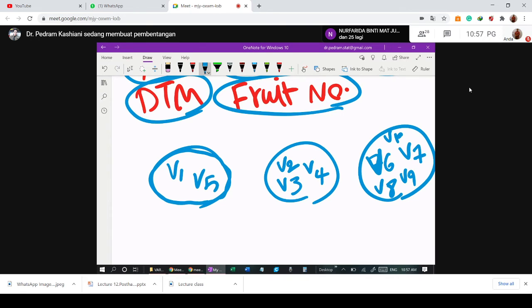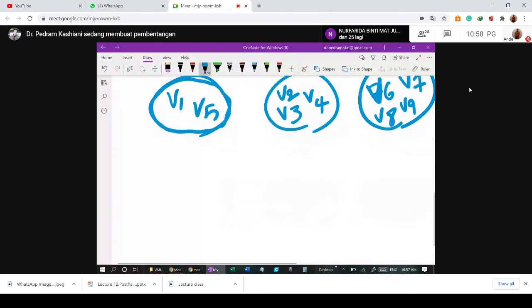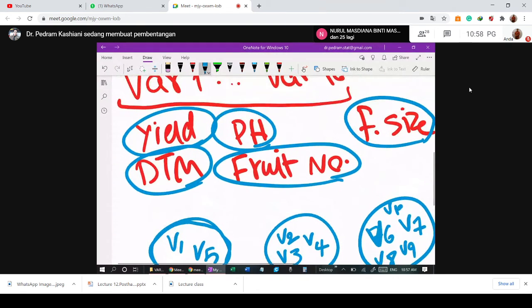In cluster analysis, there are different types of clustering. The techniques for clustering have different methods. For example, sometimes we tell the software how many groups we want. Somebody gives me 10 varieties and tells me some of them are imported, some of them are local.